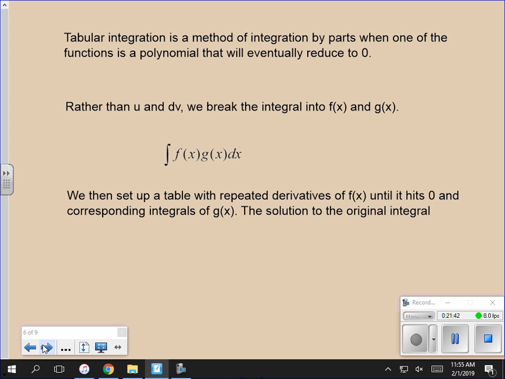If your u is a polynomial, you can do this method. And rather than doing it as a u and dv, you just come up with two functions, f and g, and you divide it up into the polynomial and the other function.